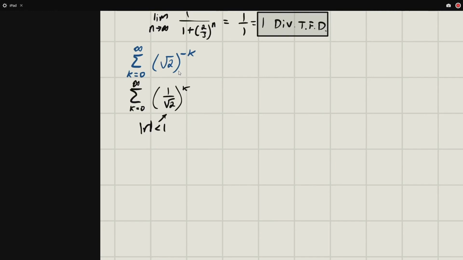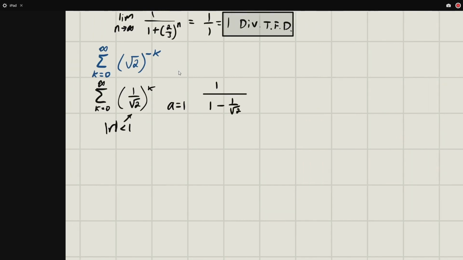So let's go ahead and take this limit. Since this is a geometric series, if we take our first term, which starts at k equals 0, well, k equals 0, this is 1, so a is equal to 1. This is r. And we already know the formula, so we can do 1 over 1 minus 1 over rad 2.